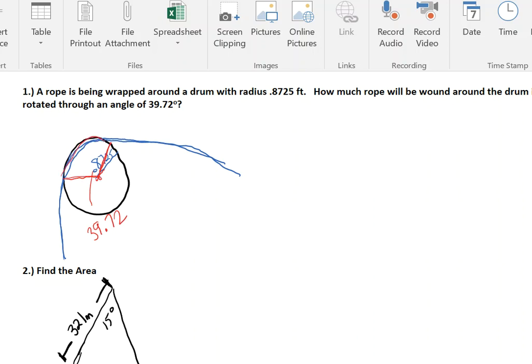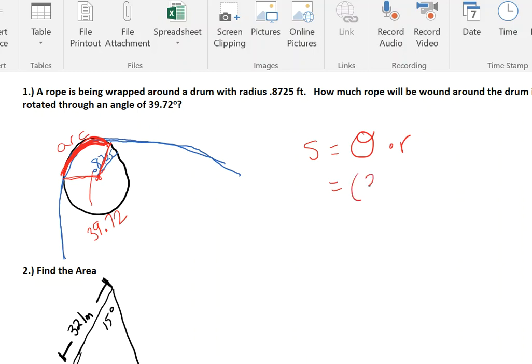So that angle refers to the amount of the rope that it's touching. So it's asking how much rope will be around the drum when it's rotated. So if you look at this right here, this is an arc. So we're going to use the arc length, which is denoted by this formula. So we're going to use theta. We want it to be in radians.